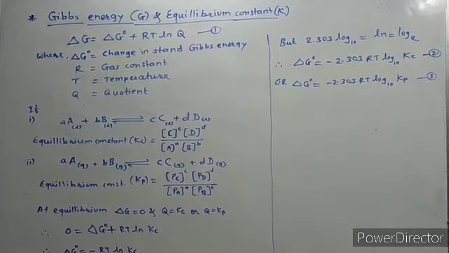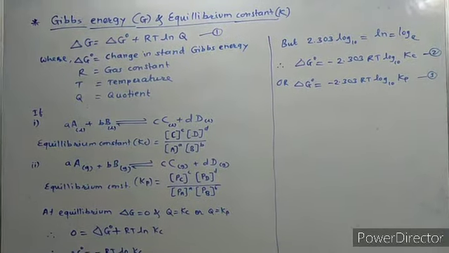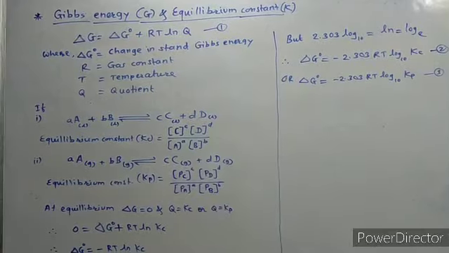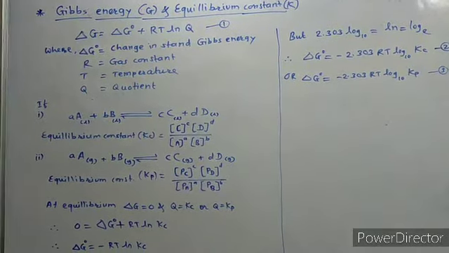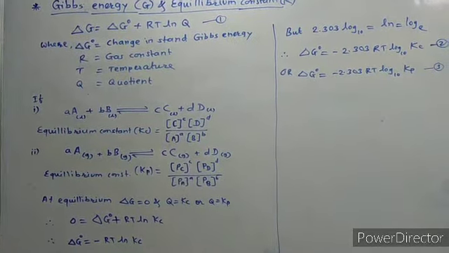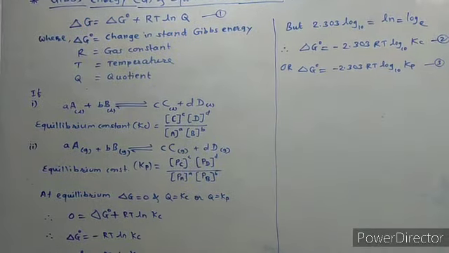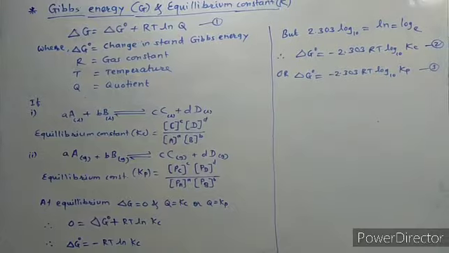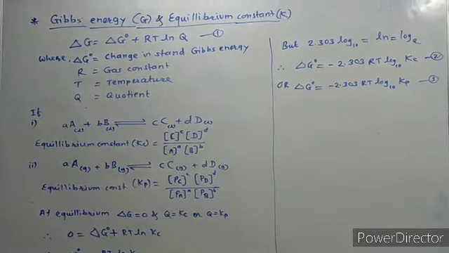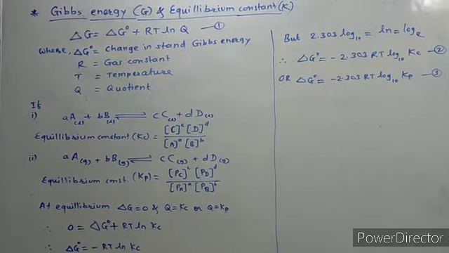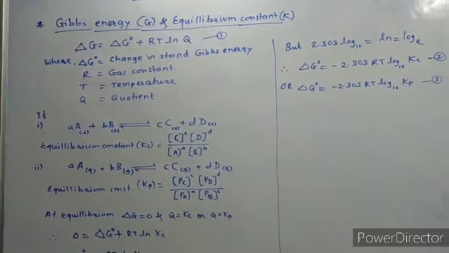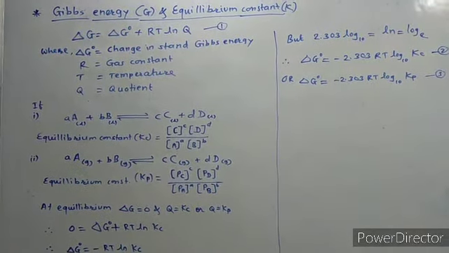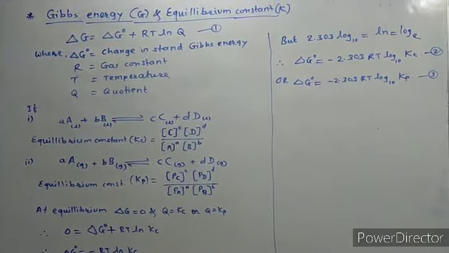It is log to the base e. It is converted into log to the base 10 by multiplying by 2.303. So the equation becomes delta G0 equal to minus 2.303 RT log10 Kc, or delta G0 equal to minus 2.303 RT log10 Kp.